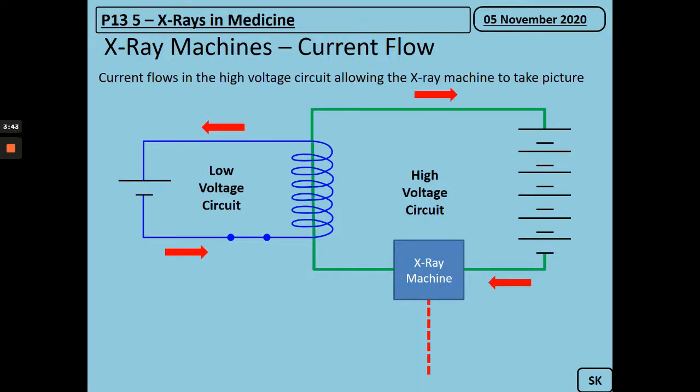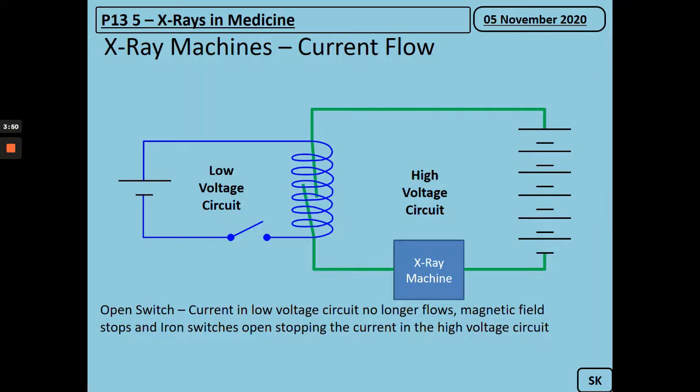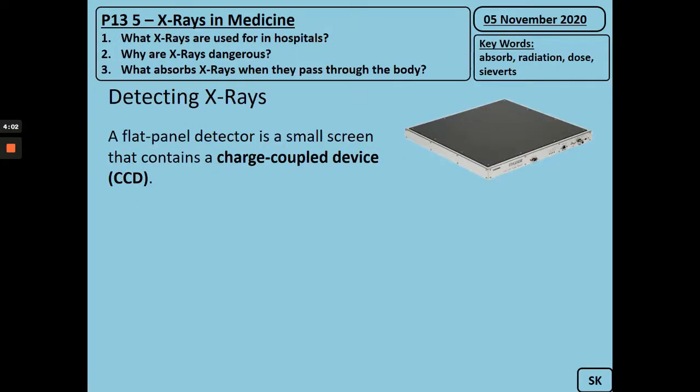So it allows the current to flow and take a picture. That's how they actually work inside those X-ray machines. If we open the switch, current in the low voltage circuit no longer flows, the magnetic field stops, the iron switch is open, so it stops the current in the X-ray machine itself.